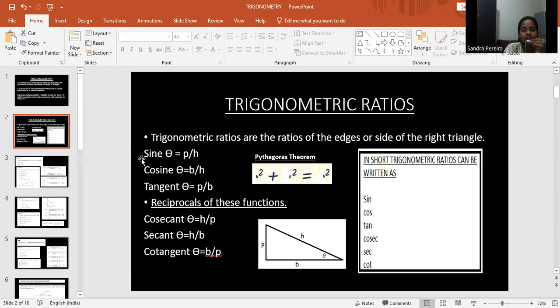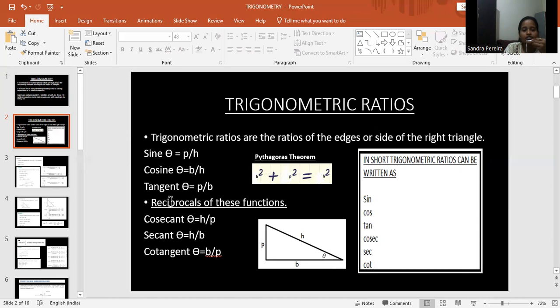Number 1, sine of angle theta. This sine of angle theta is equal to P by H, that means perpendicular by hypotenuse. And cosine of angle theta is B by H, this is base and hypotenuse. Tangent of theta is perpendicular by base.